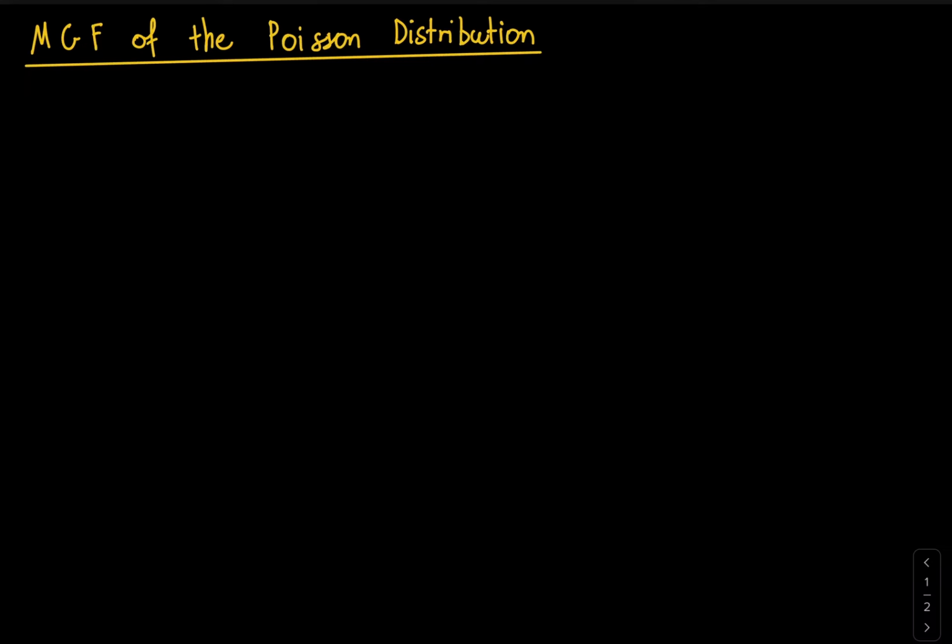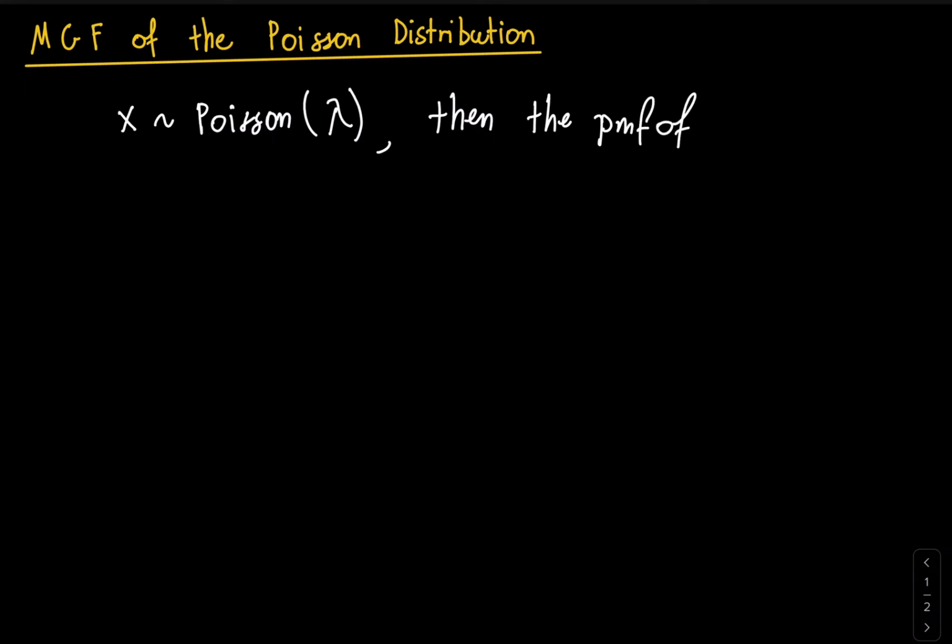Firstly, let's recall what the probability mass function of the Poisson distribution is, as a bit of a reminder. So remember, if x is distributed as a Poisson distribution with rate parameter lambda, then the PMF of x is given by p_X(x) equals e to the negative lambda, lambda to the x, all over x factorial.